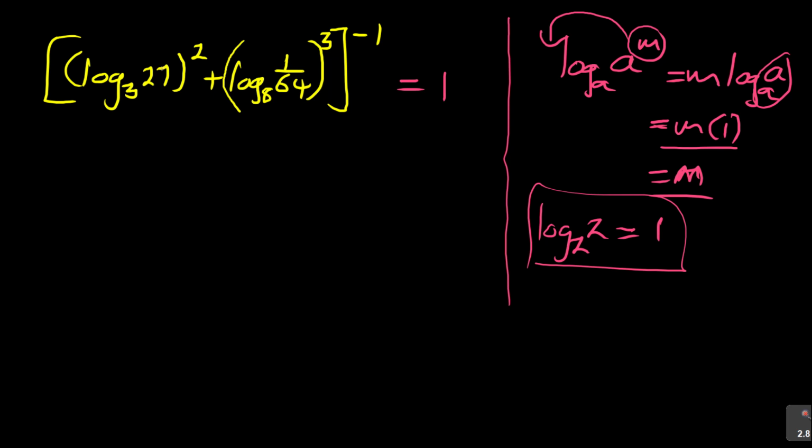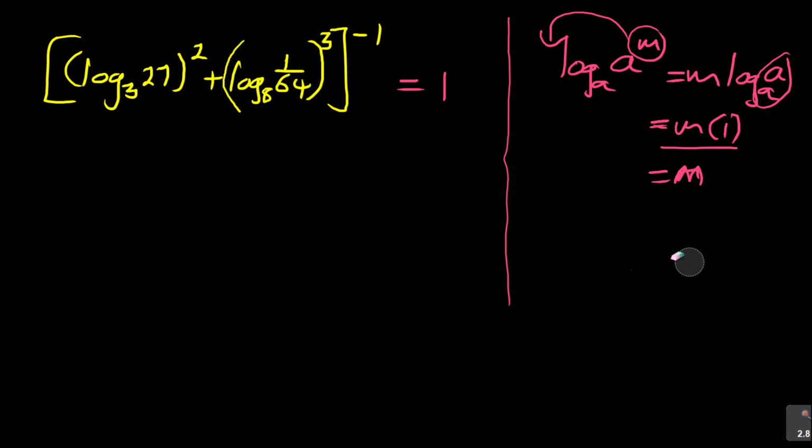So the same thing is going to happen here. Look at 27. You need to understand that we can write this 27 like this. I just want to limit my calculations here, so that when I'm writing it, you'll understand where it's coming from. Now 27 is the same as saying log base 3 of 3 to the power of 3, because 27 is 3 to the power of 3, right?